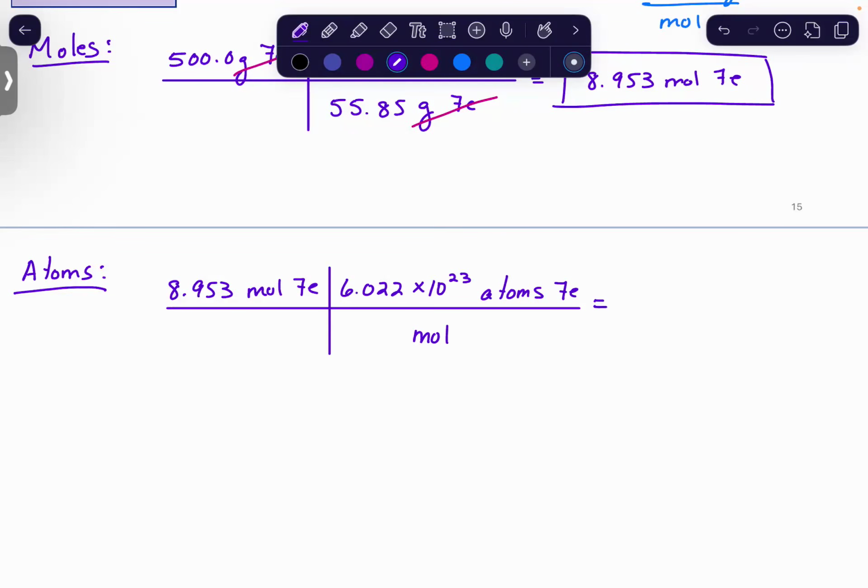And so when I multiply this up, I'm going to get 5.391 times 10 to the 24th atoms of iron. Because again, you see I have moles in the numerator, moles in the denominator, those divide out, and I'm left with the unit I'm after, atoms of iron.